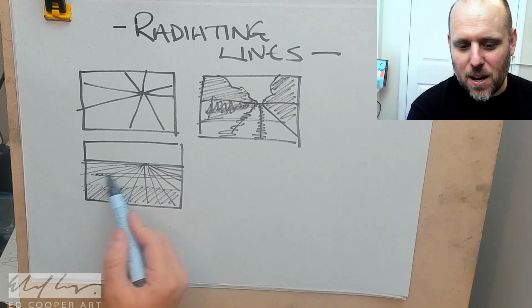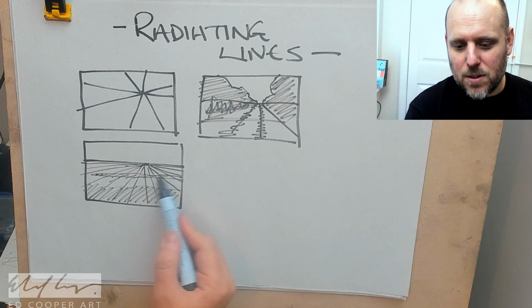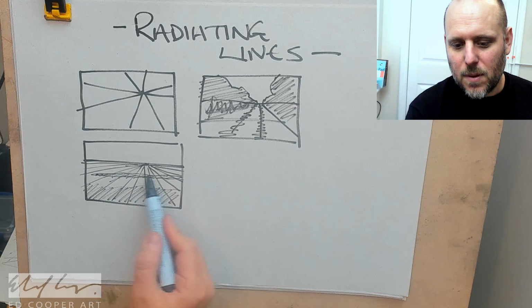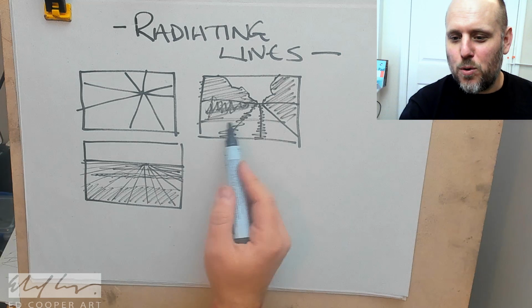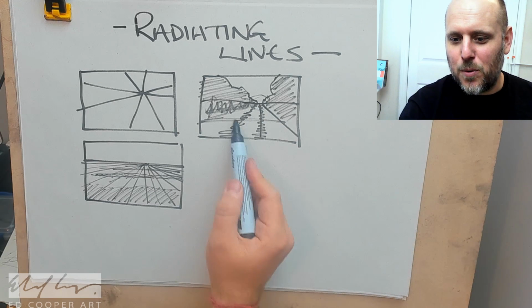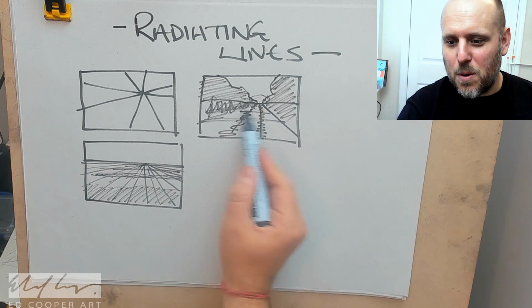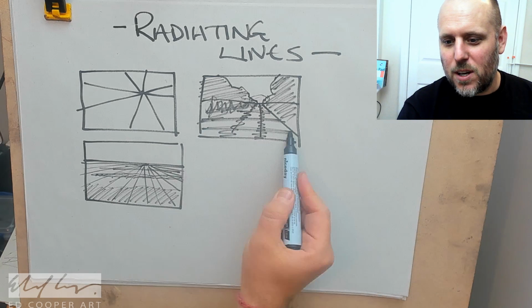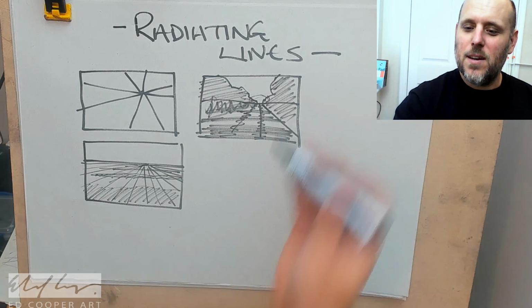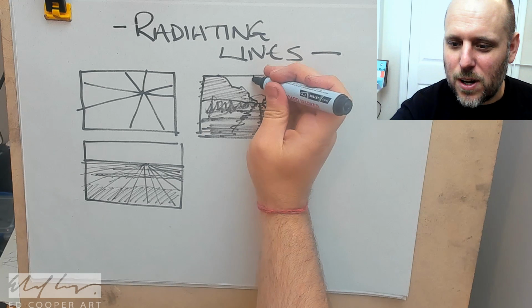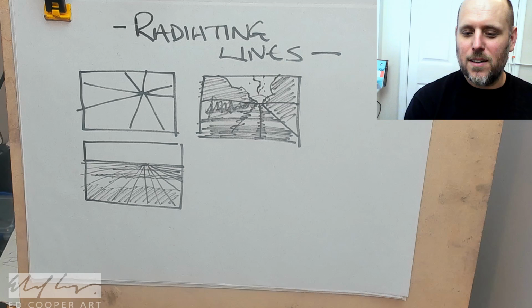Maybe these would be cast shadows. And you'll see that also with looking down the tunnel, you can break it up by using cast shadows or just variations of tone, okay? So even your clouds might be radiating lines.